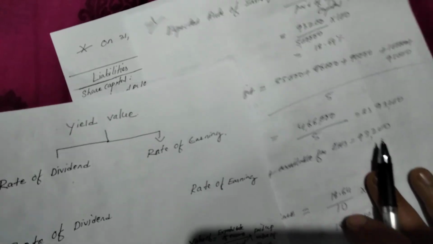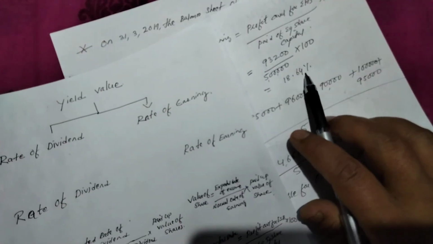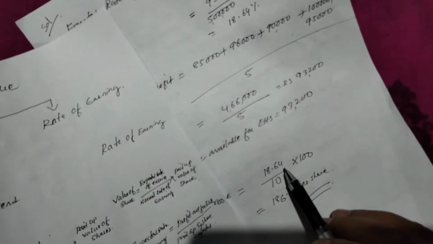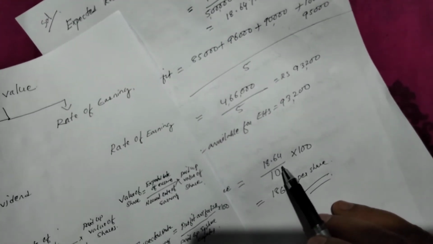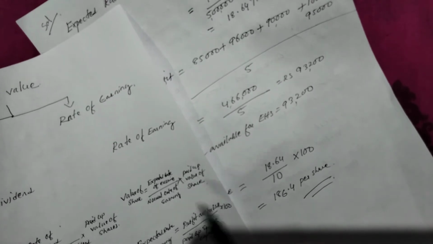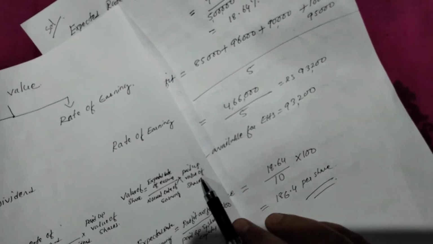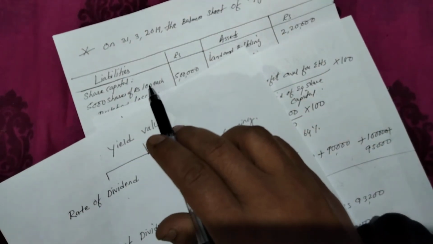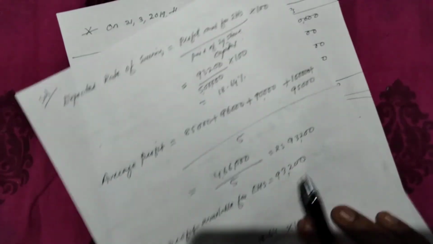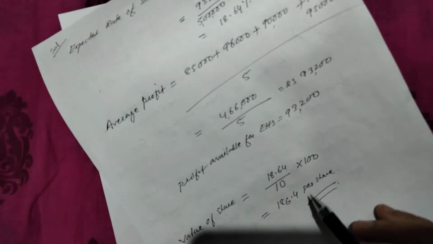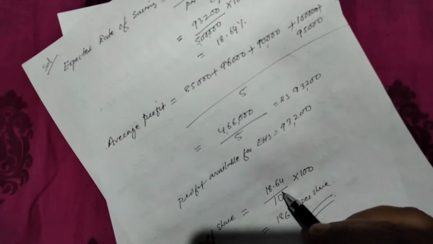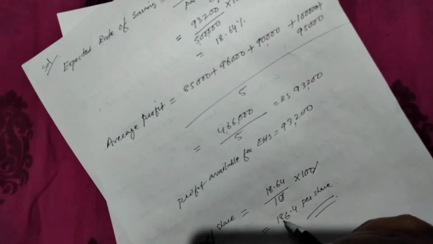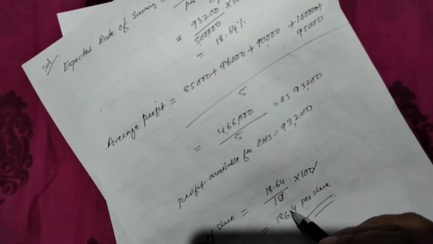So 18.64 into paid up value of 100 divided by normal rate of return 10. The zeros cancel, and it comes to 186.4.